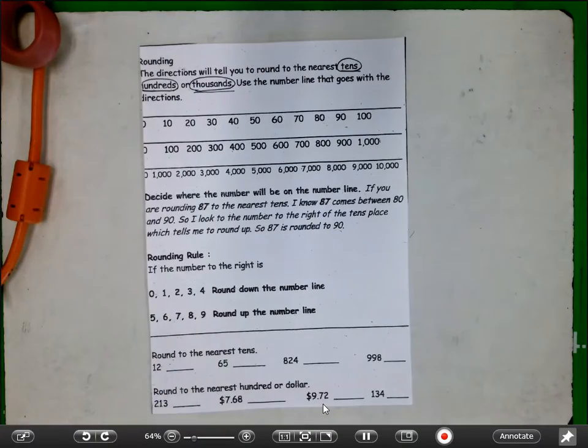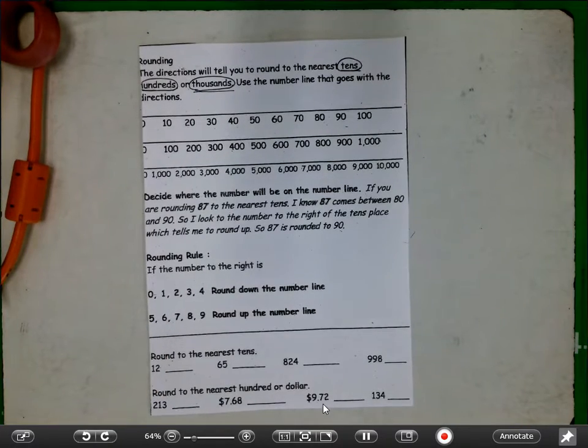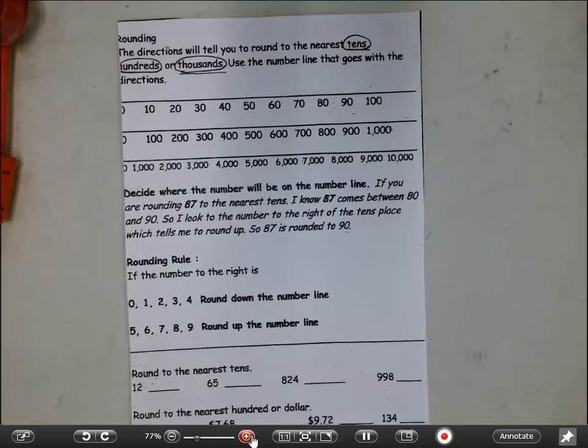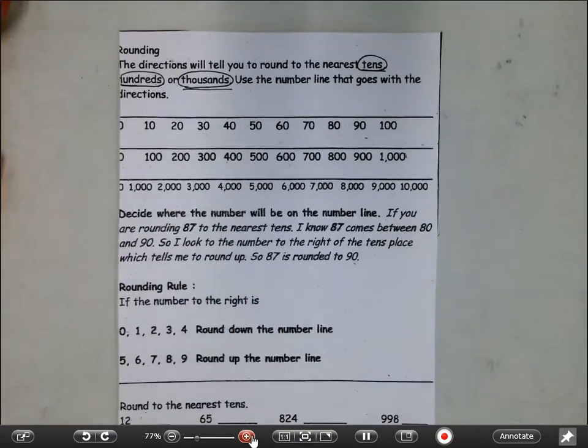Claire, why is that so important? Because if you're not looking up there and you think it's tens, but it's actually hundreds, you'll get the answer wrong. Exactly. It's the first thing you have to do. You have to figure out, where am I rounding to, right?